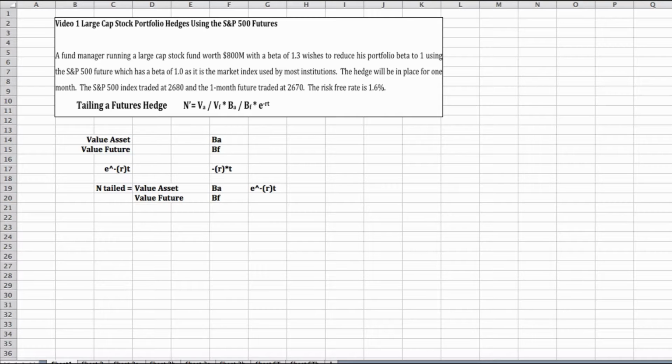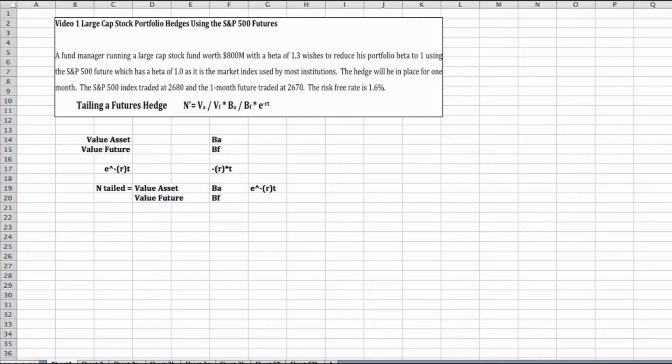So here's a problem. The fund has $800 million in it and a beta of 1.3. The fund manager wishes to reduce that beta by 0.3 down to 1.0. And to do that, we'll use the S&P 500 future.